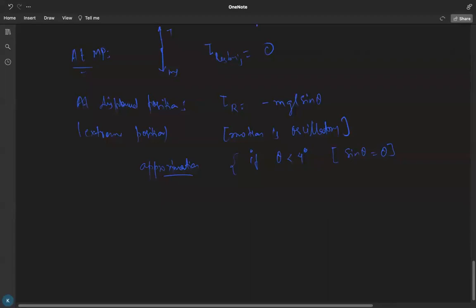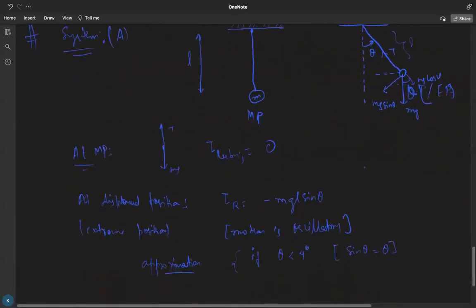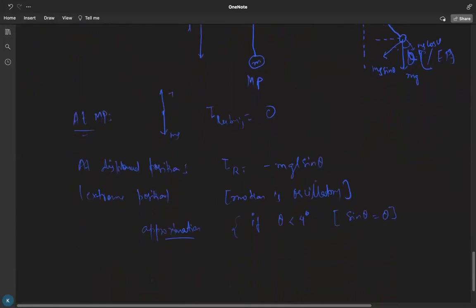Similarly, in angular simple harmonic motion, torque is a linear function of angular displacement. But here, when we consider the system, the restoring torque is not a linear function of the angular displacement. So this motion is not angular simple harmonic motion.